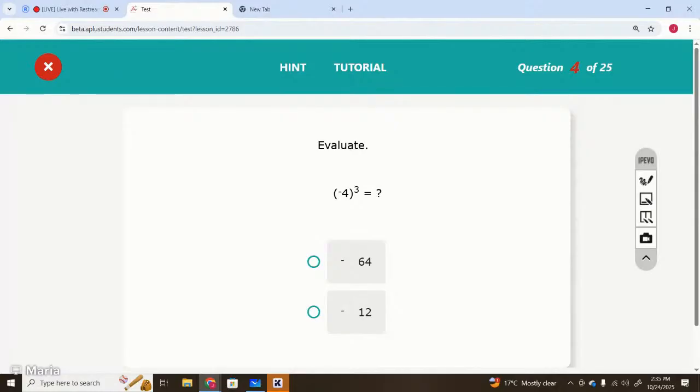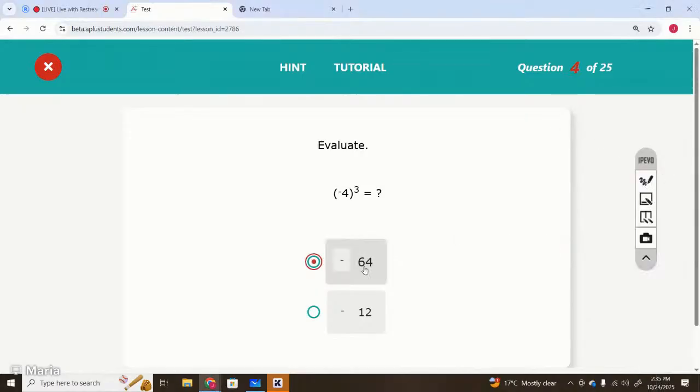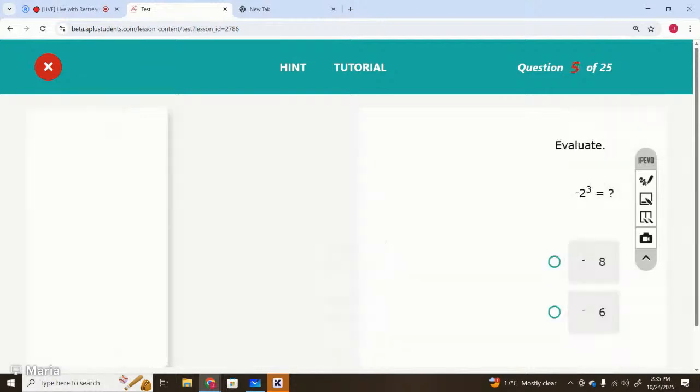Negative 4 times negative 4. 4 times 4 is 16 and 16 times 4 is 64. Negative 64. Option number 1 is the correct option.